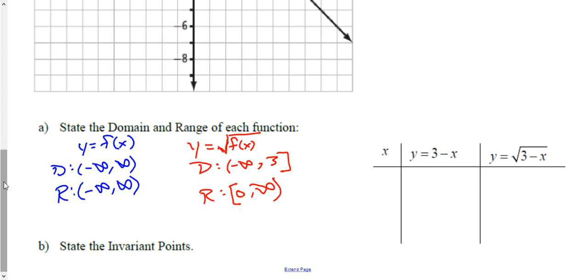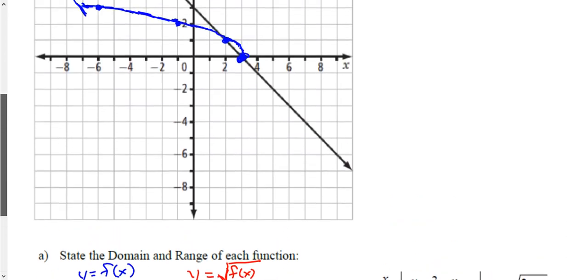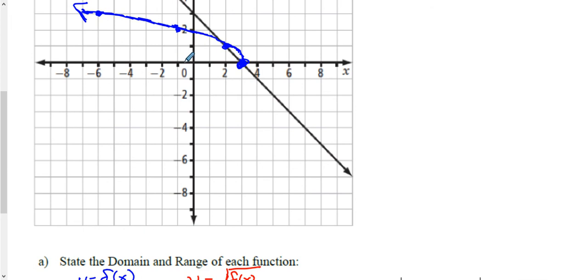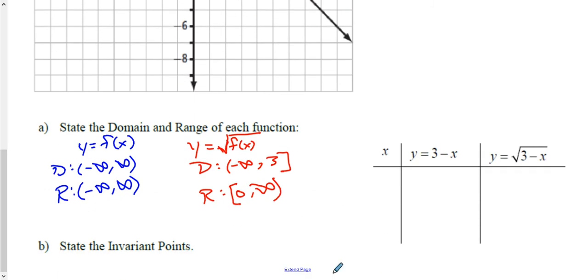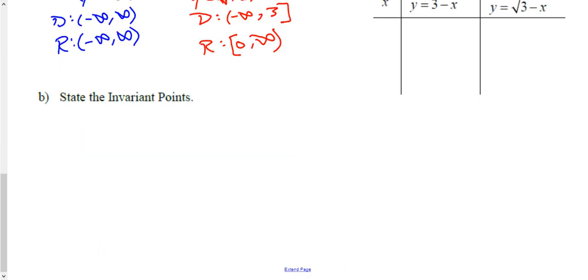So my invariant points are going to be when y equals 0 and when y equals 1. I have two coordinates here. My two invariant points are going to be our x-intercept here at (3, 0) and this coordinate here at (2, 1). So stating the invariant points, we'd have two of them: our x-intercept again at (3, 0) and our other invariant point at (2, 1).